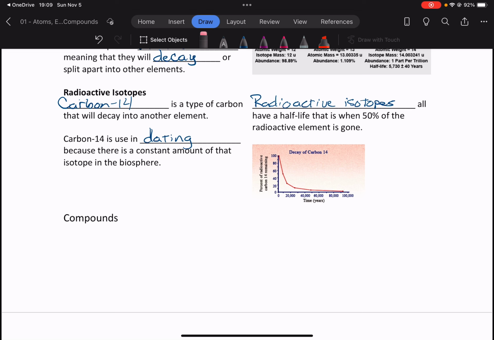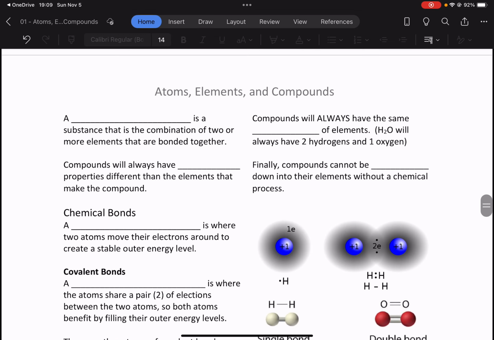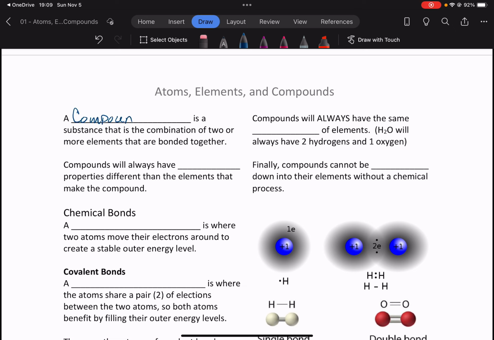So, compounds. A compound is a substance that is a combination of two or more elements that are bonded together. You take two elements, put them together, and you get a compound. A compound will always have the same number of elements.